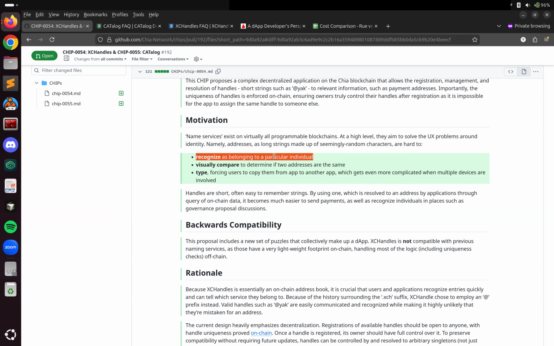So you might, for example, try to remember that if an address starts with AAB, it belongs to someone, but then someone else can create an address that also starts with AAB, and that's actually a very common attack vector on Ethereum. It's hard to visually compare addresses, to differentiate between two addresses, because they're so long and they have random characters.